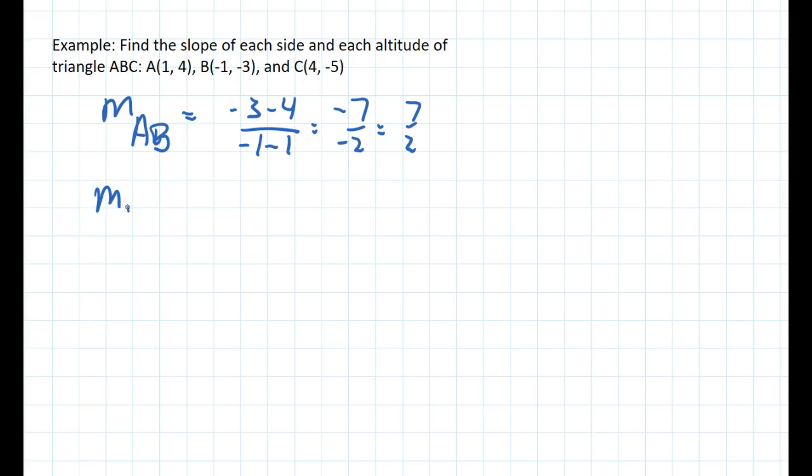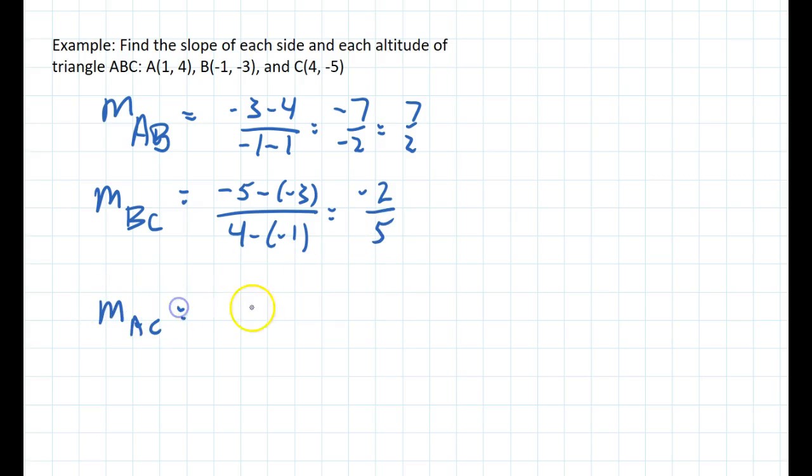The slope of BC is (negative 5 minus negative 3) over (4 minus negative 1), which is negative 2 over 5. And the slope of AC is (negative 5 minus 4) over (4 minus 1), which is negative 9 over 3, which is negative 3.